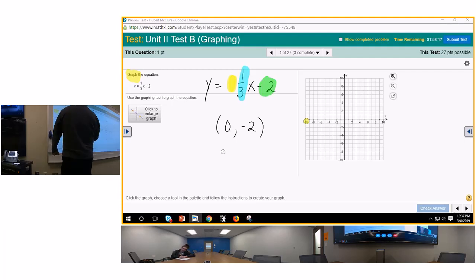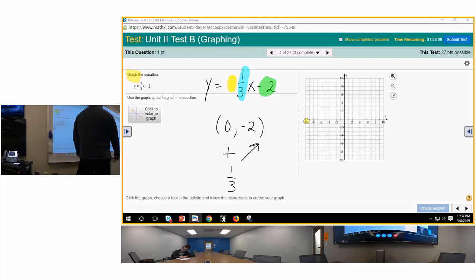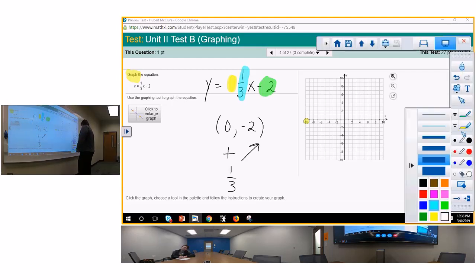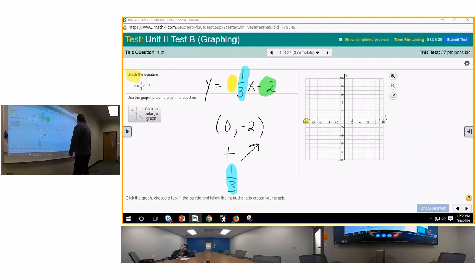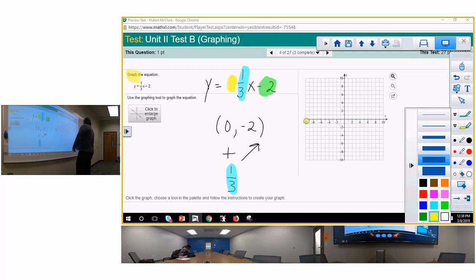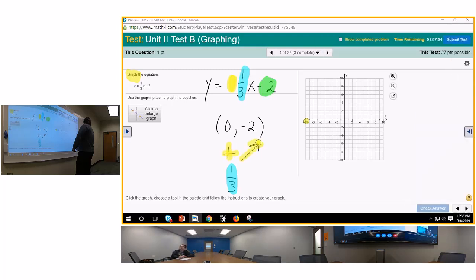I'll color these in a minute. It's positive, so that means left to right, up. And then 1/3 is your vertical over horizontal. So blue is that one, yellow is that one, and the green, verde, is that one.